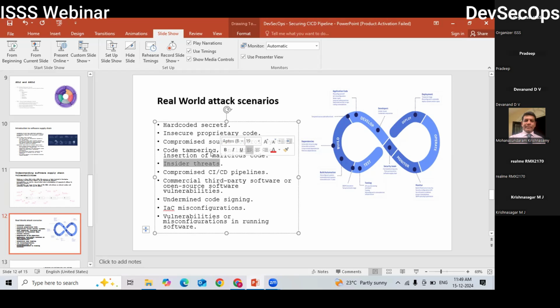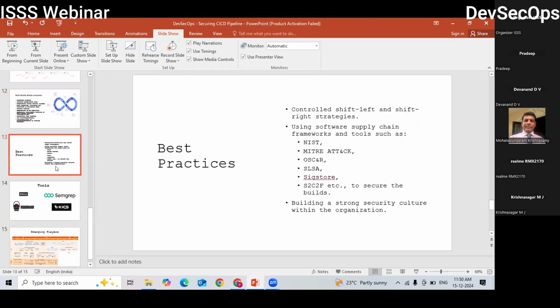So at the various levels, even if a vulnerability is missed in one of the stages, it should be identified in at least one of the phases. Thereby we make sure the application or product which we develop is always safe and secure.